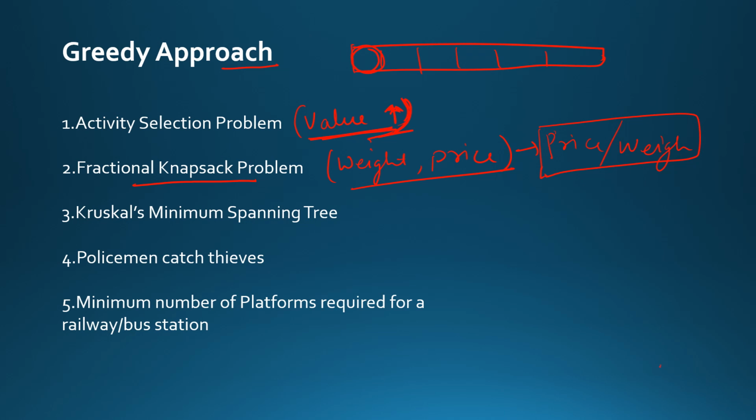On the basis of that, we calculate our maximum profit answer. Another is Kruskal's minimum spanning tree, another is policeman catch thieves, and the other one is the minimum number of platforms required for a railway bus station.